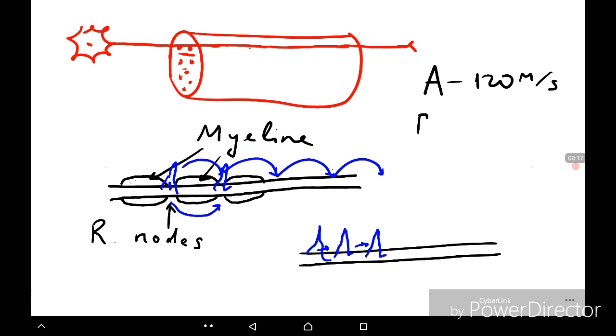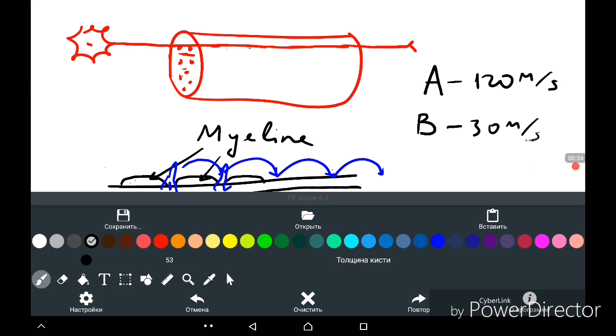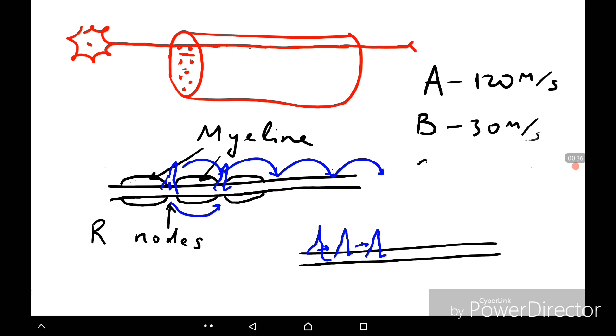Another type, nerve fibers type B: thin myelinated fibers. They are thinner, the spaces between Ranvier nodes are less, and the velocity is less, about 25-30 meters per second. And another type, nerve fibers type C, unmyelinated fibers. In that type of fibers, the velocity is only about 1 meter per second.